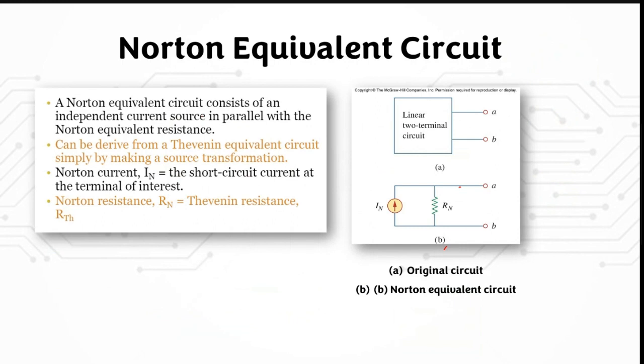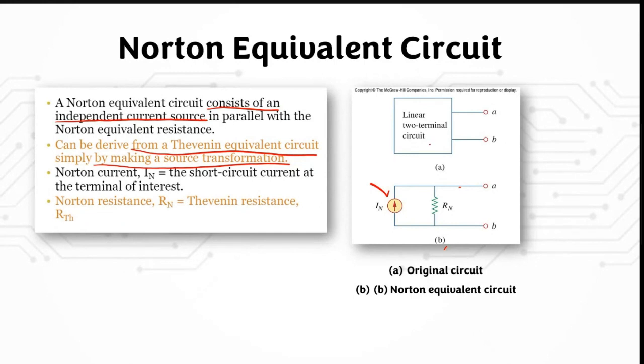Alright, so the Norton equivalent circuit consists of an independent current source, which is in parallel with this Norton resistance. It can be derived from the Thevenin equivalent circuit simply by making a source transformation, as I said before.